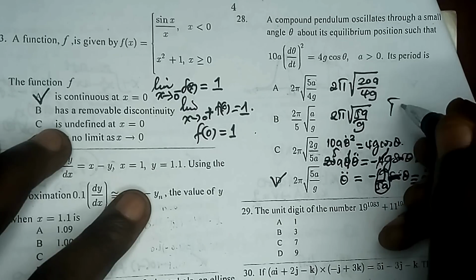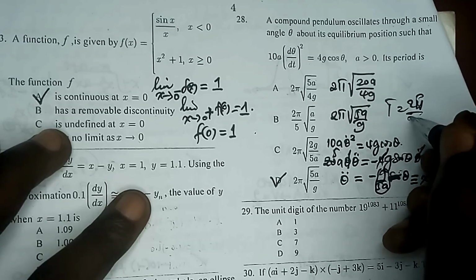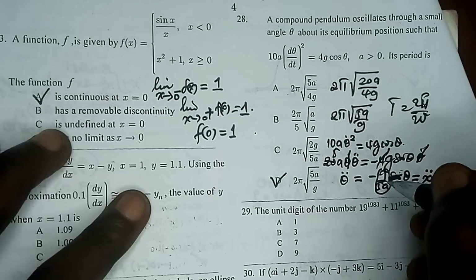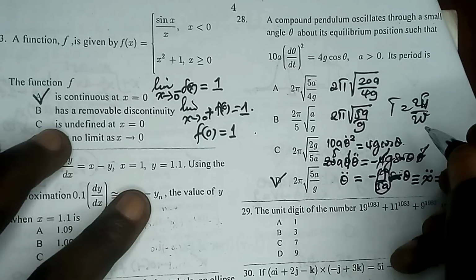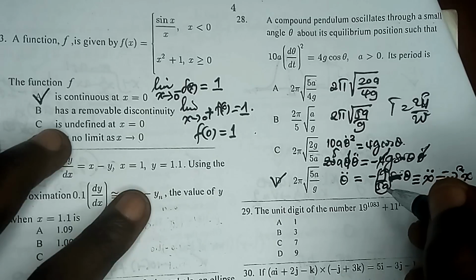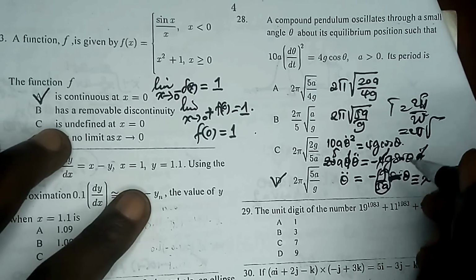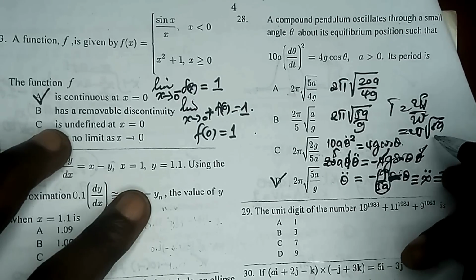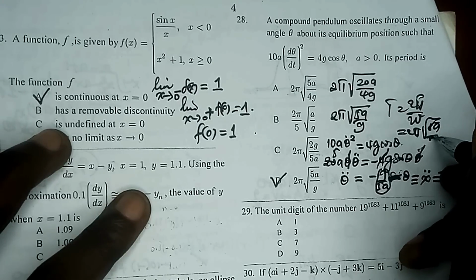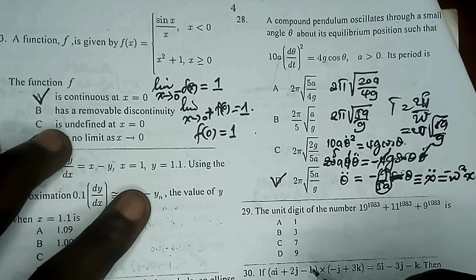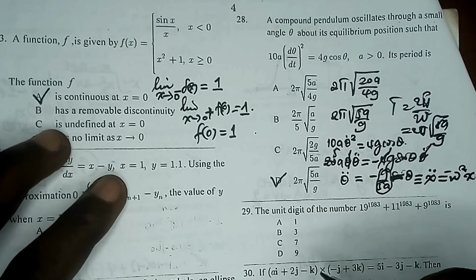And so T is 2 pi over omega. And omega being the square root of that coefficient, there we have 2 pi, the square root of the inverse of that, which is 5a on g, and that corresponds to D as already given by the shortcut.